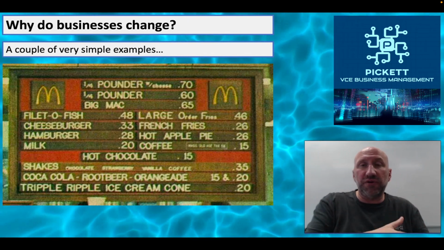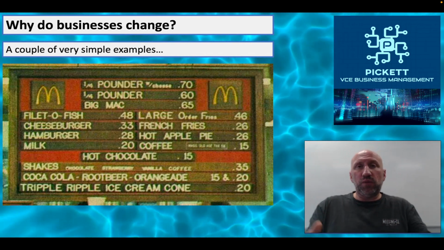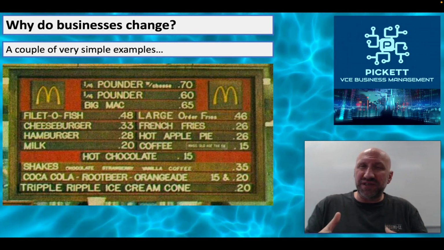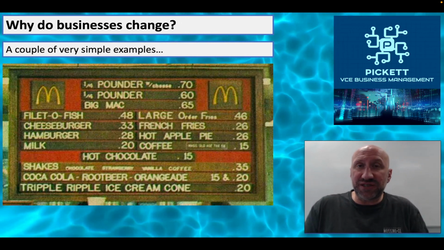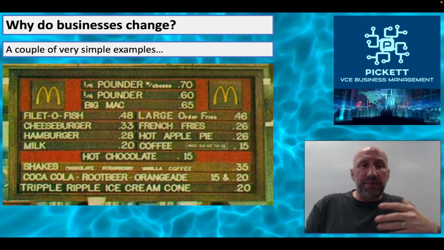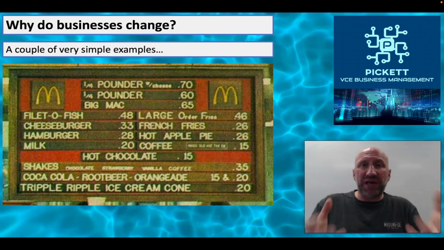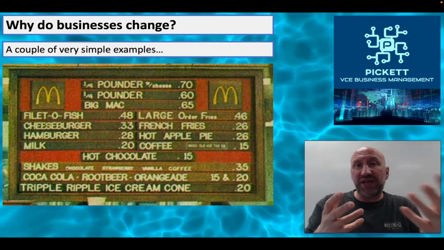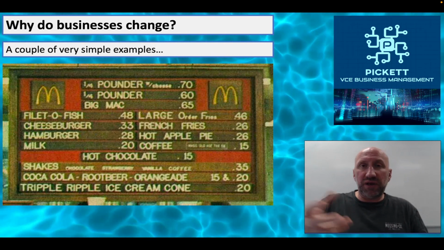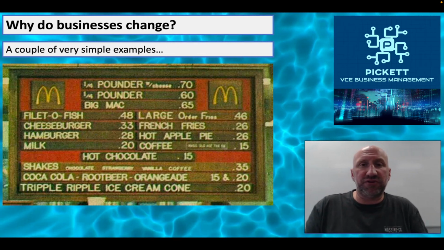Fillet of fish was not on the original menu. I was operating restaurants in Manchester. There was a fairly big population of immigrants who could not eat beef, but they could eat fish. So we used to sell a lot of those, and that would be the same across the UK.